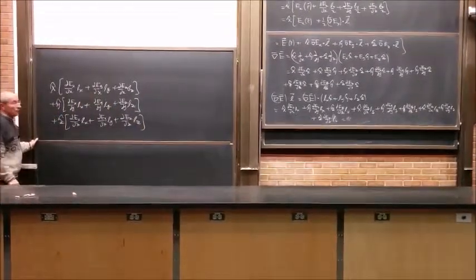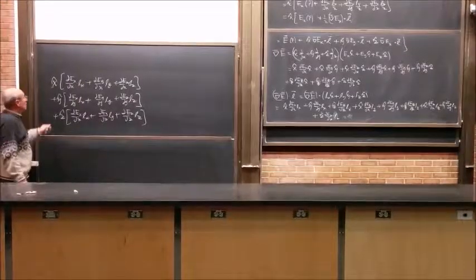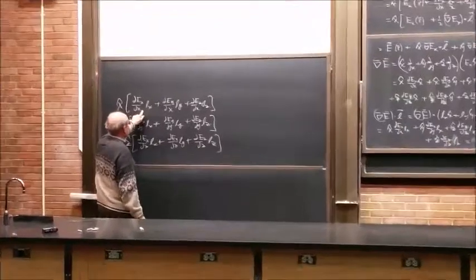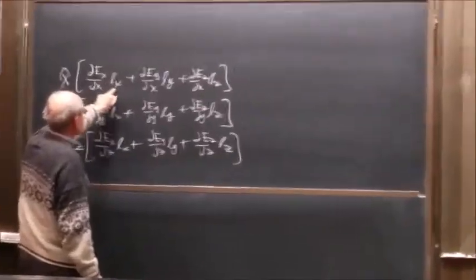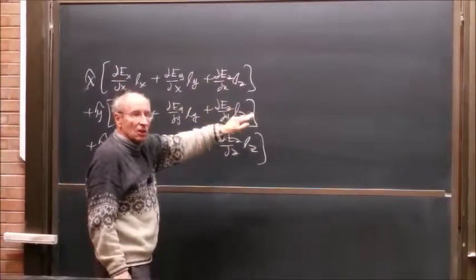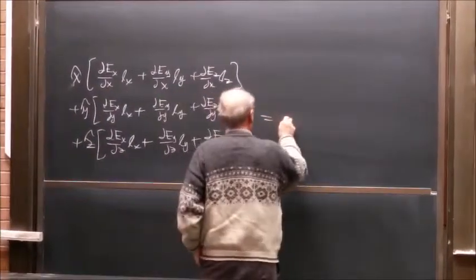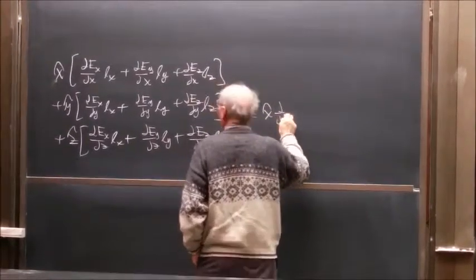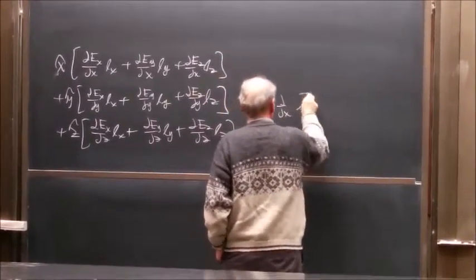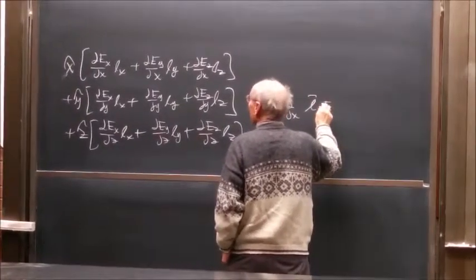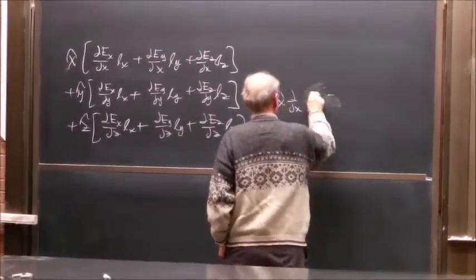So that's what you got for the force. But if you look at this, this is d by dx of ExLx plus EyLy plus EzLz. So that is x hat d by dx of L dot E, or E dot L, doesn't matter.